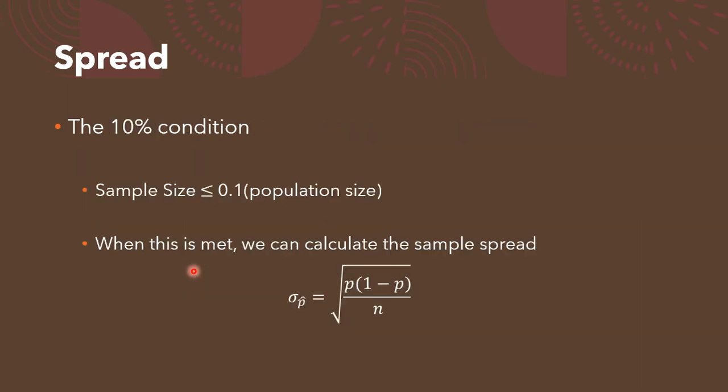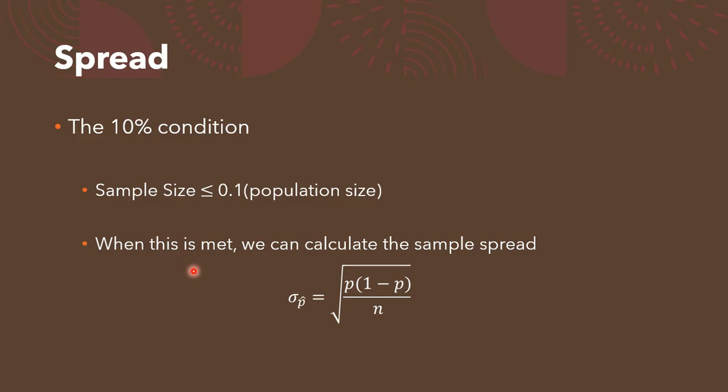Okay. One thing you want to do is about the 10% condition for your spread. So when you're checking spread, you want to do your 10% condition. Typically what it is, you want your sample to be less than 10% of the actual population. So whatever the entire population is, you want to do 10% or less of it.